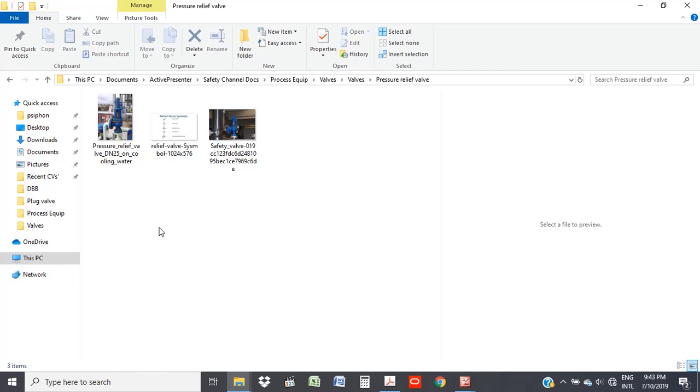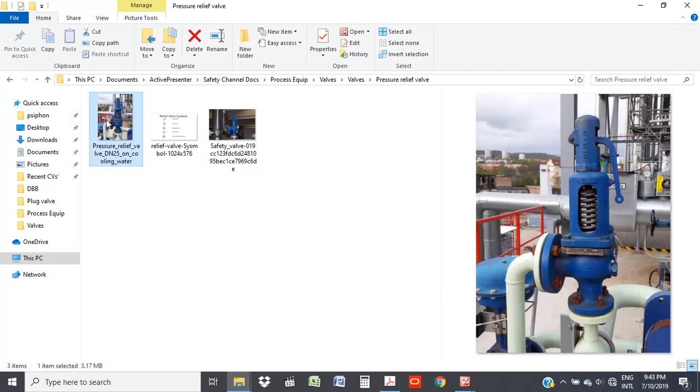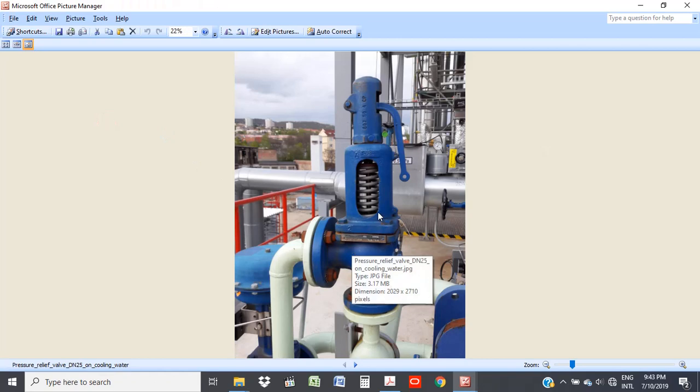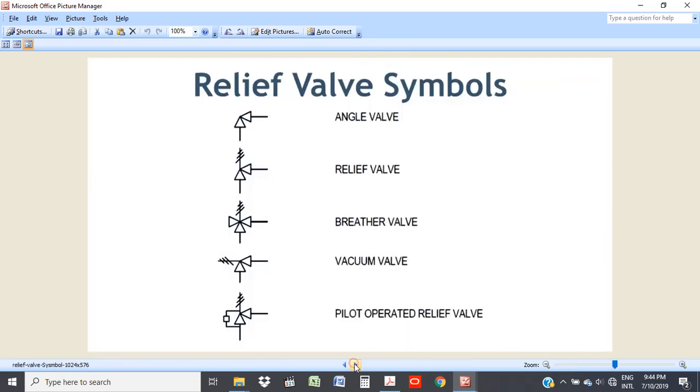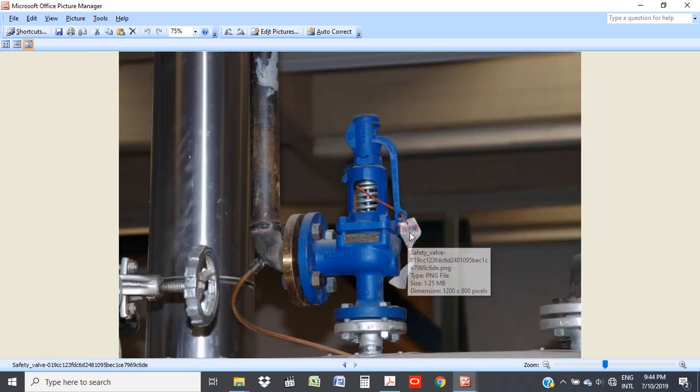If you don't have that, there would be no way to relieve it. Most times this is what they are, and they have to be calibrated. In most countries, every 5 years they have to calibrate it to ensure the set pressure is achieved. This is to show it has been properly calibrated.